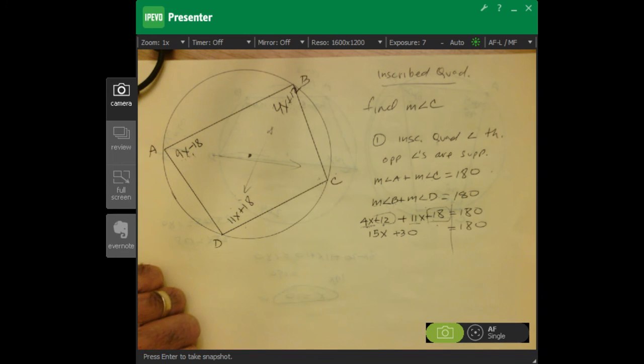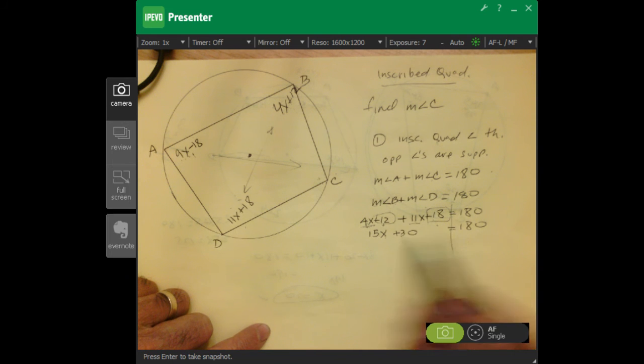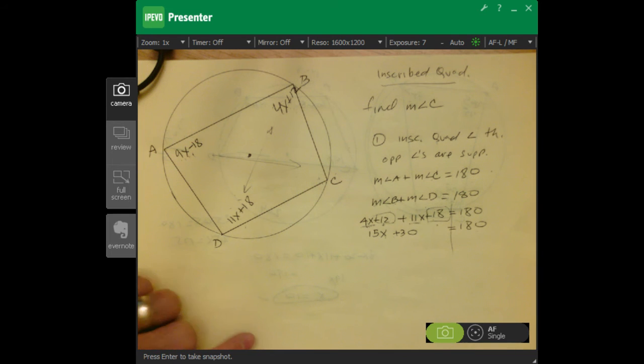Okay. The other thing that gave people a little bit of trouble was just solving the equations. Solving the equation for a variable, you want to isolate the variable. Think about all the operations you have. So this is a multiplication: 15 times x plus 30 equals 180. We want to isolate x, which means we get x all by itself.